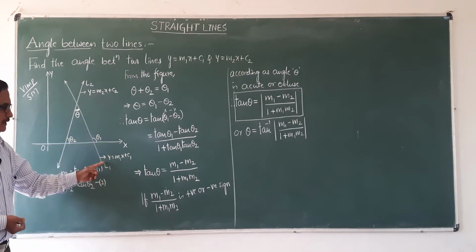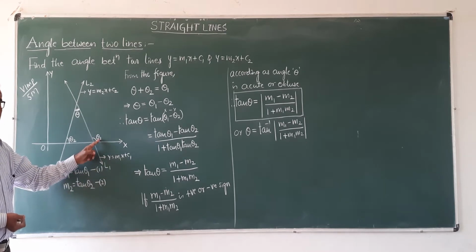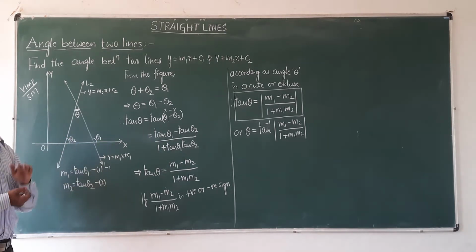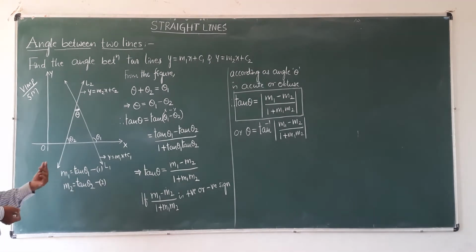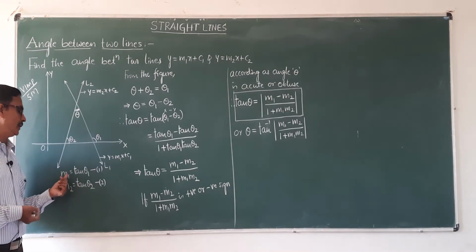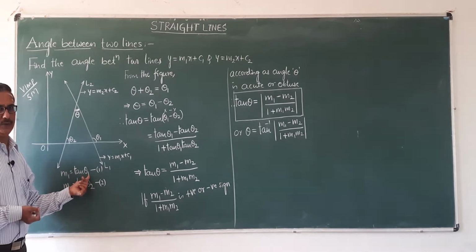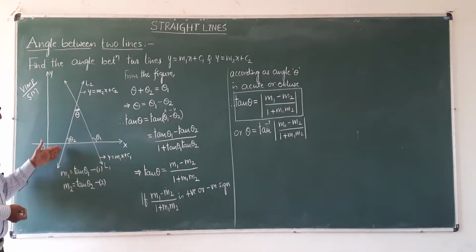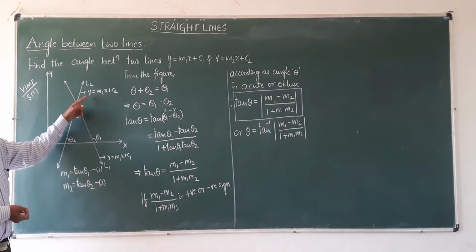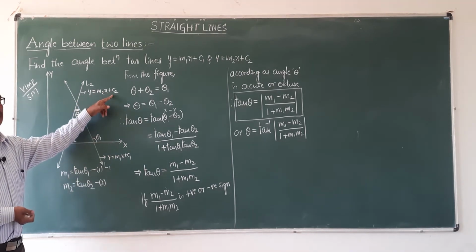Let the straight line L1 make an angle theta 1 with positive direction of x axis, that is known as slope of straight line. Mathematically we write m1 is equal to tan theta 1. Call it equation 1. Consider another line L2. Its equation is y is equal to m2x plus c2.